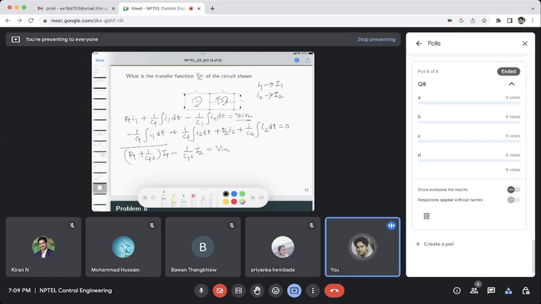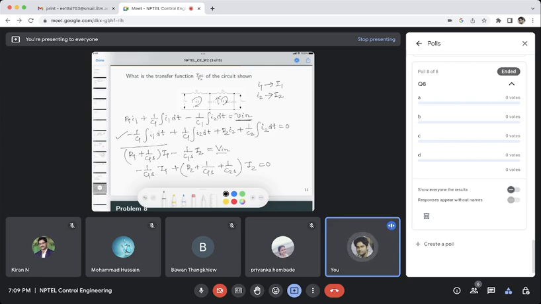The Laplace transform I am denoting with capital letters. From the second expression, the Laplace transform will be minus 1 by C1 s I1 plus R2 plus 1 by C1 s plus 1 by C2 s, times I2, equal to 0.